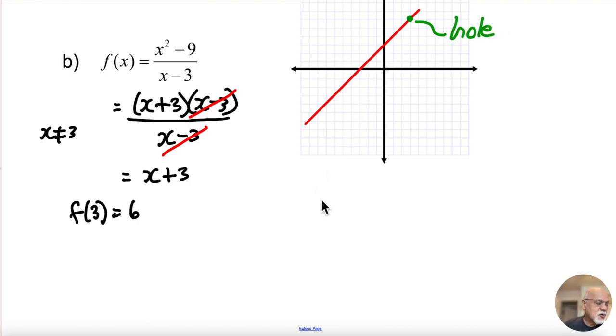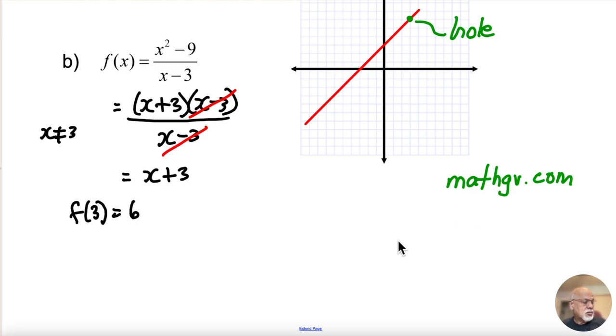Desmos, for example, if you plotted this, would not show you the hole, but I've used a program called MathGV, which you can get from mathgv.com. That site is still up. It's very old.